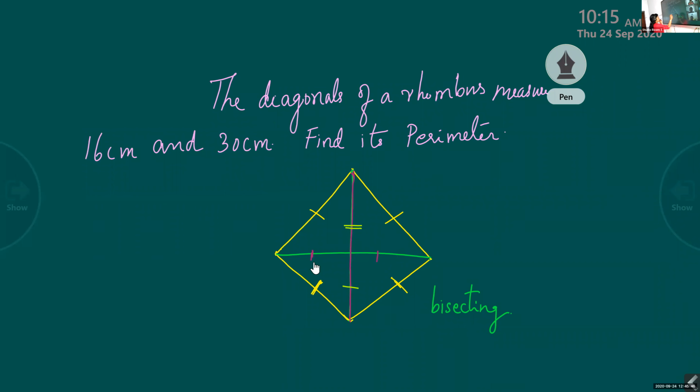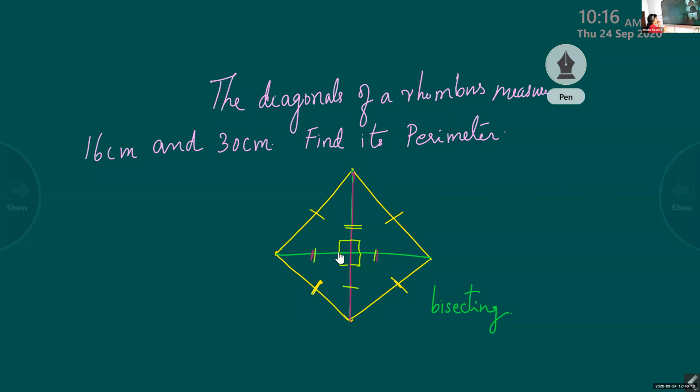That is the meaning of bisecting. Bisecting means one line or anything dividing something into two equal halves. Here in a rhombus, both the diagonals divide each other into two equal parts at 90 degrees. That means the angle formed everywhere here is 90 degrees.